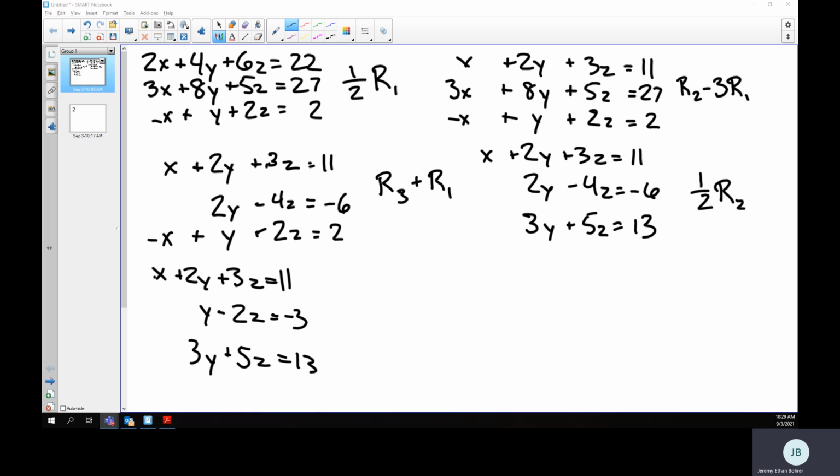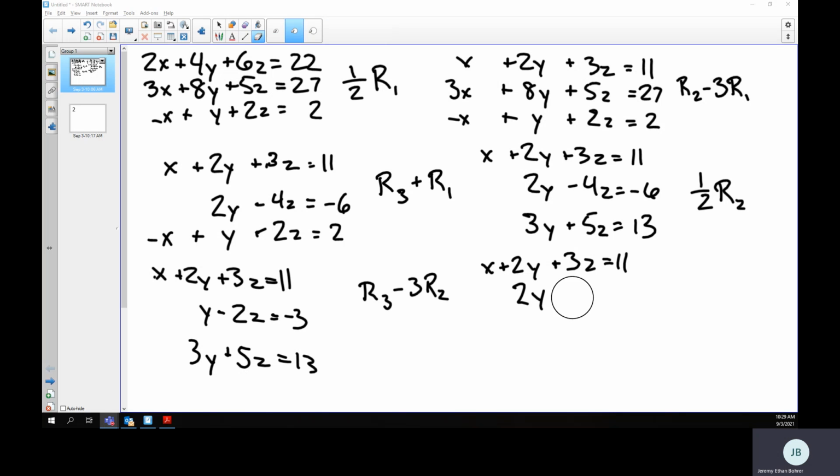Our next step will be to subtract 3 row 2 from row 3. So that's R3 minus 3R2. Our first two rows don't change. Especially if I look at the right matrix or the right system that I'm working with.